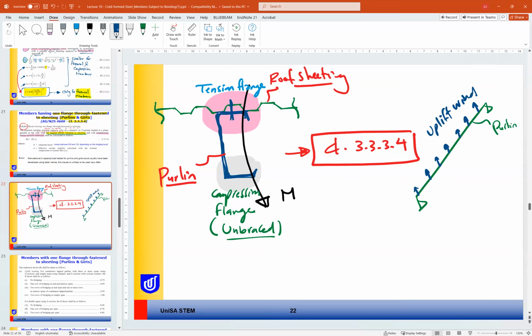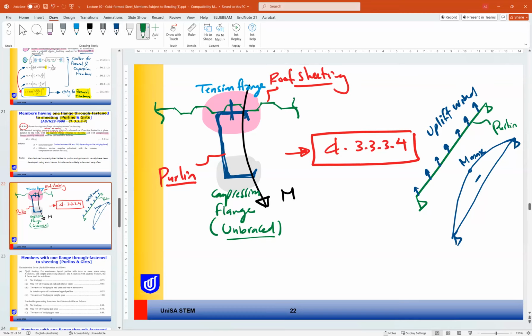So in case of uplift wind, how will the moment look like? This is how the moment will look like. Right? So this is our maximum moment. Okay?